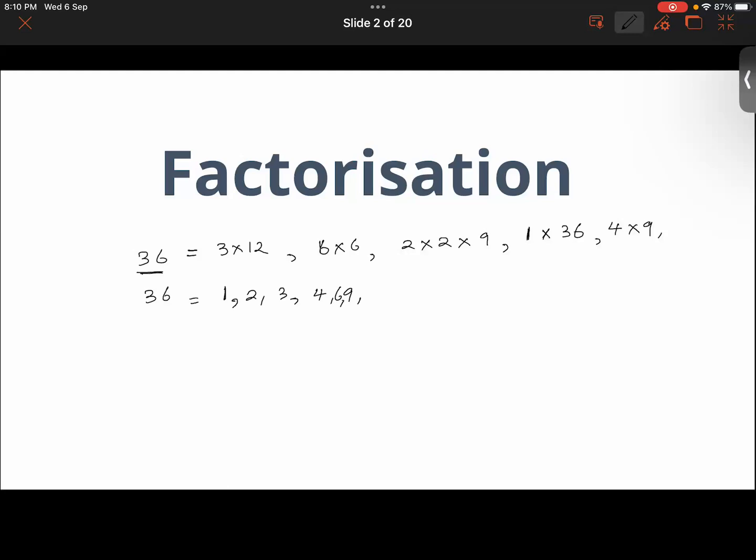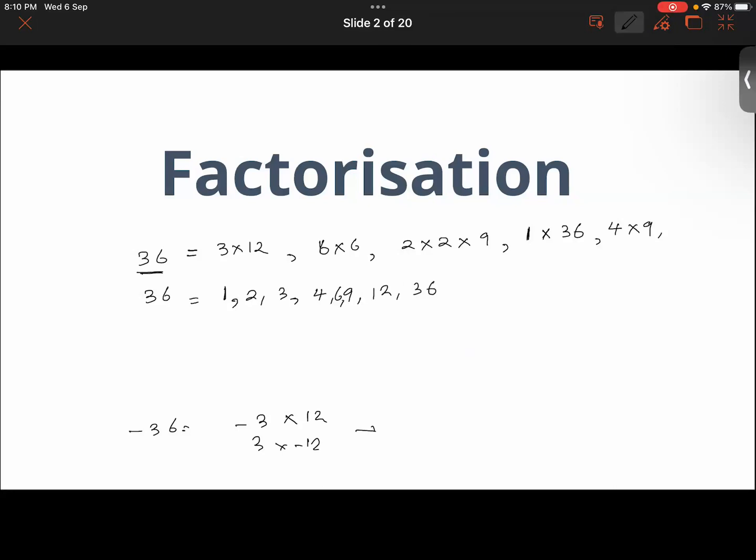You can have integers also. For example, if it was minus 36, it would have been minus 3 into 12 or 3 into minus 12. So you will be having negative factors also. Here, what are the factors you are getting? 1, 2, 3, 4, 6, 9, 12, and 36.